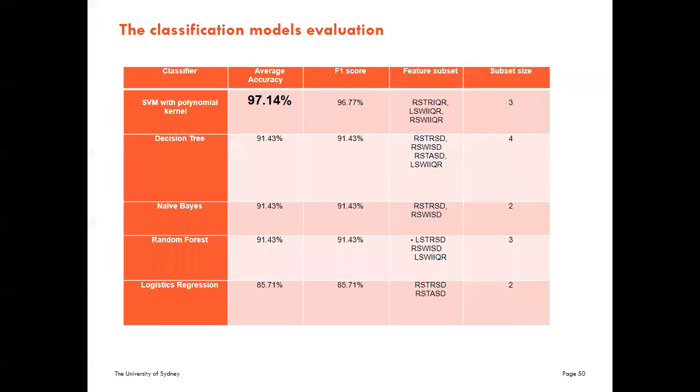We generated more than 50 features, I can't remember exactly, but it turned out that we only need 3 features to get 97% accuracy. So just looking at how the person has been walking, we can tell the severity of the disease very accurately, using only 3 features.